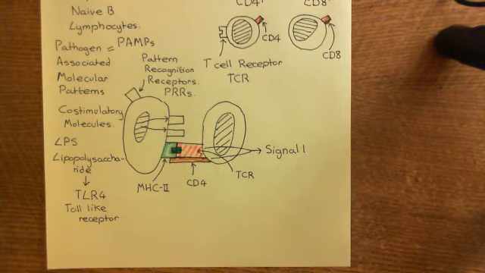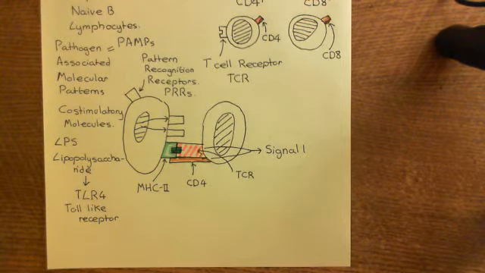So it's to make sure that it is not presenting a self-antigen to these naive CD4 positive T lymphocytes. Okay, so it's a checkpoint. It helps make sure that we don't initiate an immune response against autoantigens.